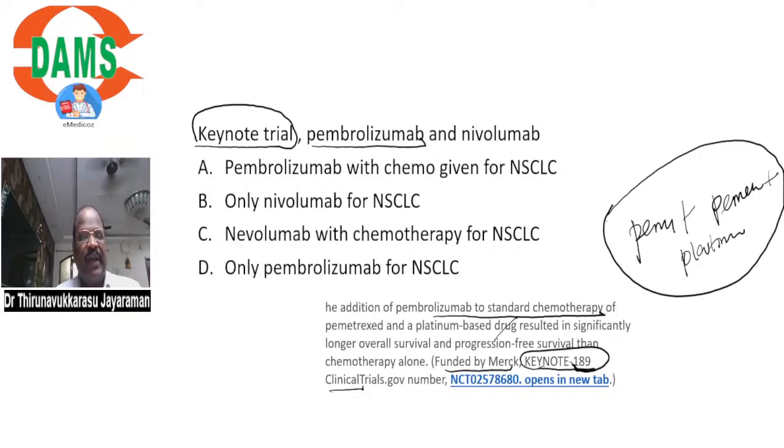So according to the trial, the answer is pembrolizumab with chemo for non-small cell lung cancer, with longer survival rates and better prognosis.